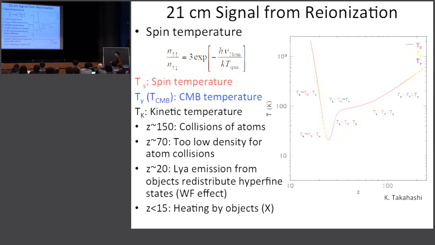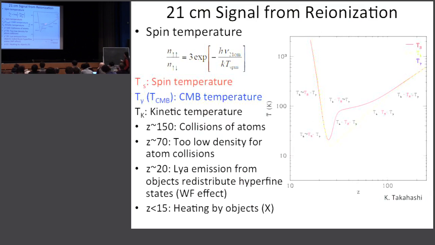Before we look at the constraints from the 21 centimeter observations, let's look at some theoretical predictions. The key quantity of the 21 centimeter signal is the spin temperature, which is defined with statistical mechanics. This spin temperature can be compared with the CMB temperature and the kinetic temperature of the gas. The right panel shows the temperature as a function of redshift, starting from around redshift 200.